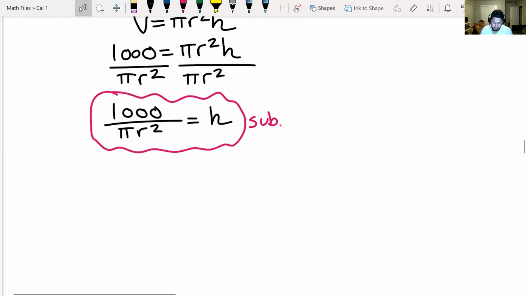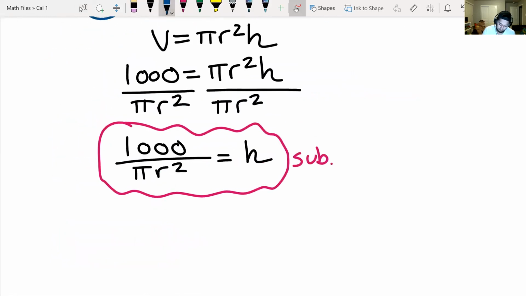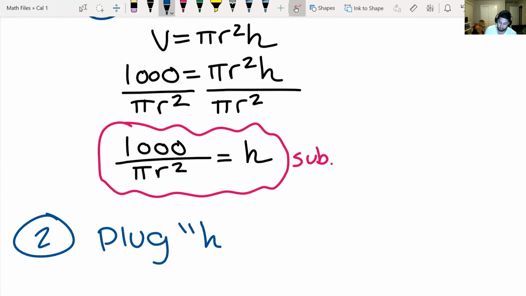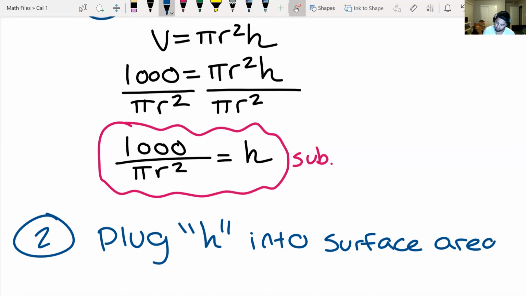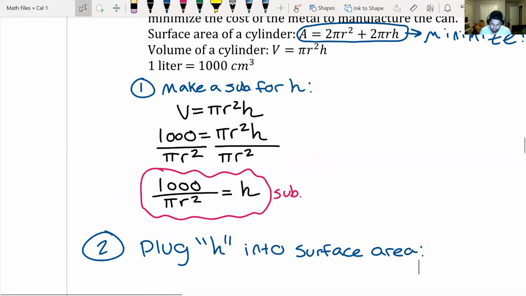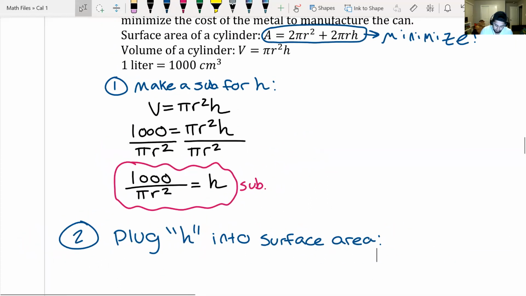Okay, so step 2: plug h into surface area. And let me rewrite that surface area equation.